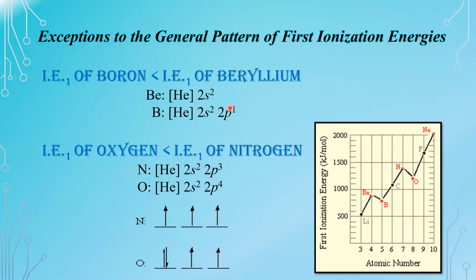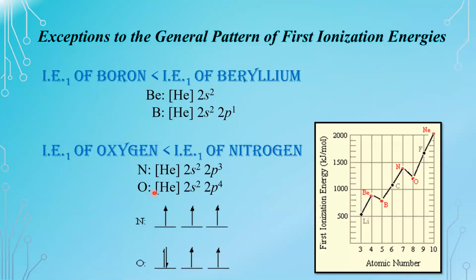Hence, as electrons can be easily removed from the 2p orbital, the first ionization energy of boron is less than that of beryllium. Similarly, the first ionization energy of oxygen is less than that of nitrogen.